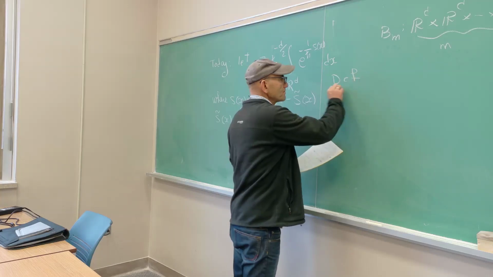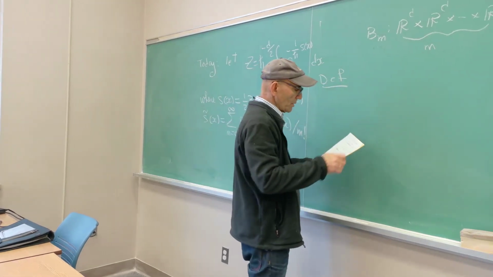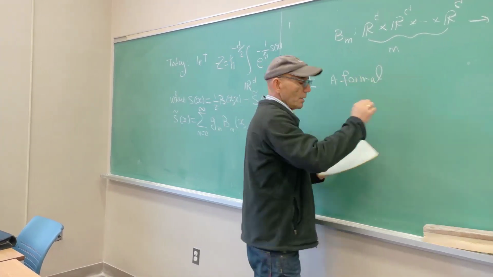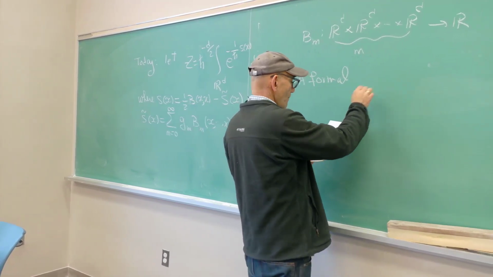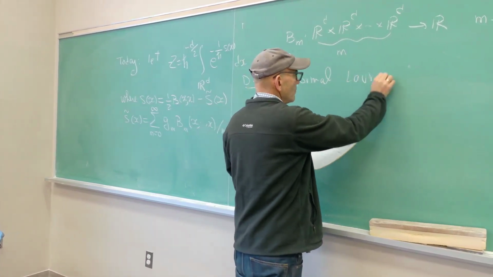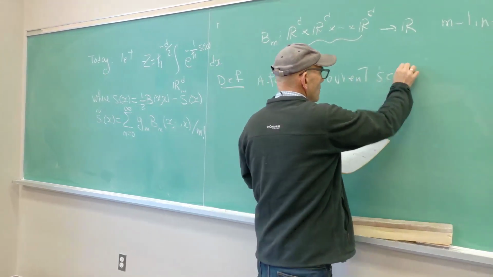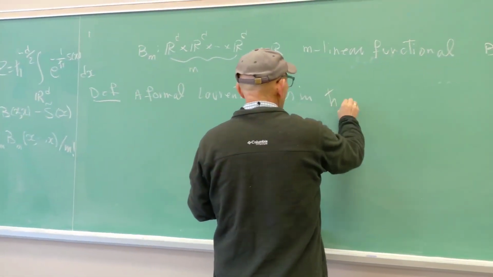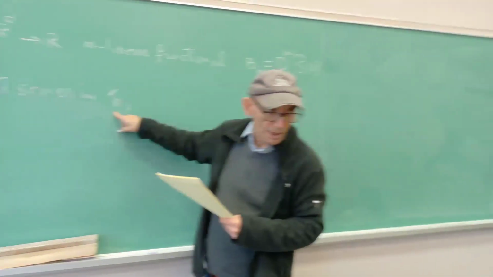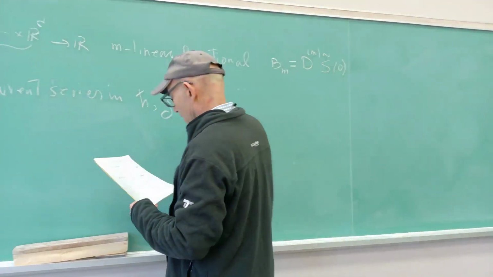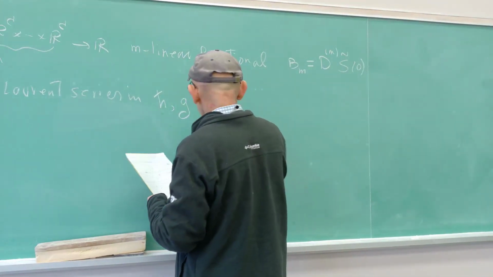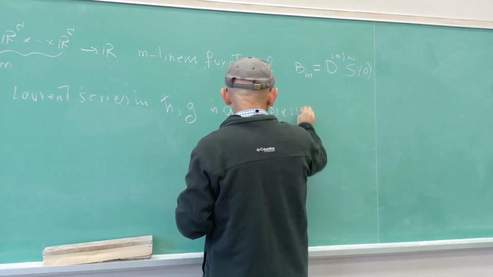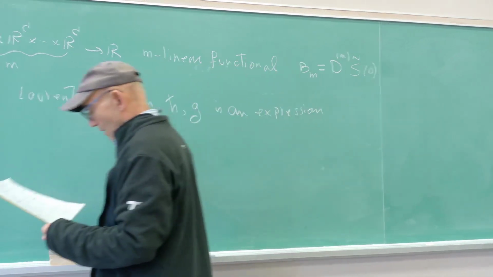So the definition. Let me give you a simple example. A formal Laurent series in variables h bar and g, for example one variable, is an expression of this form.